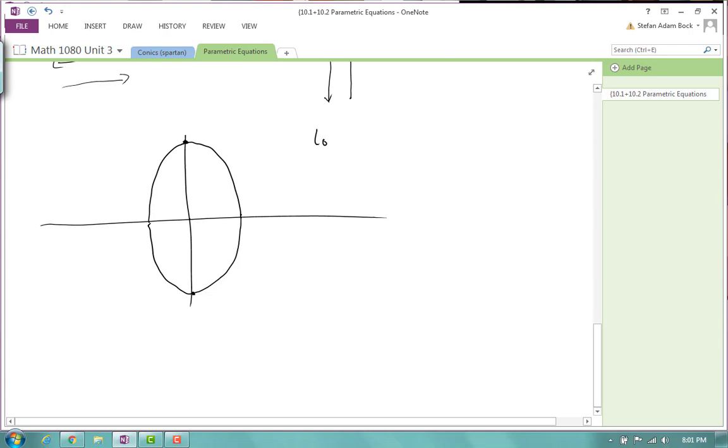So what this looks like is it looks like it could be an ellipse.